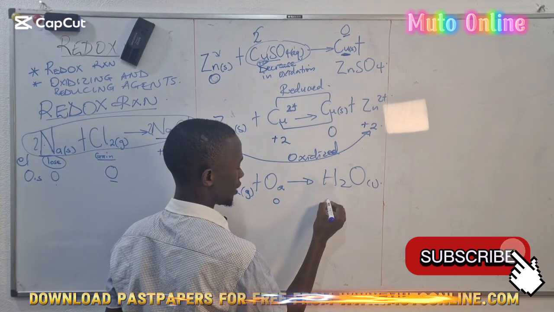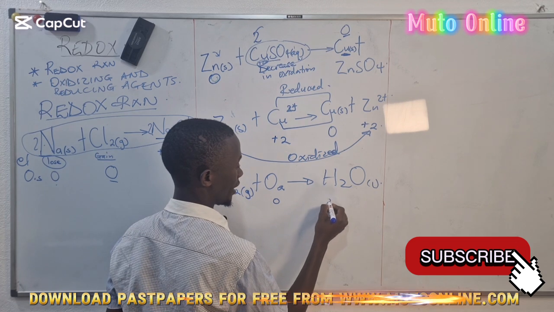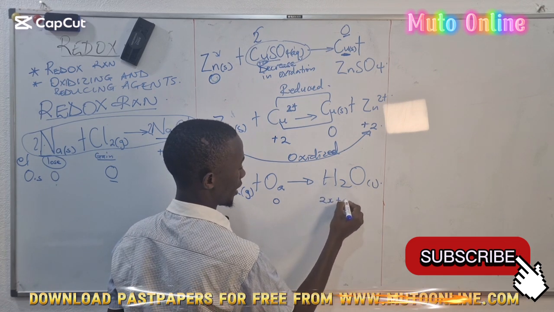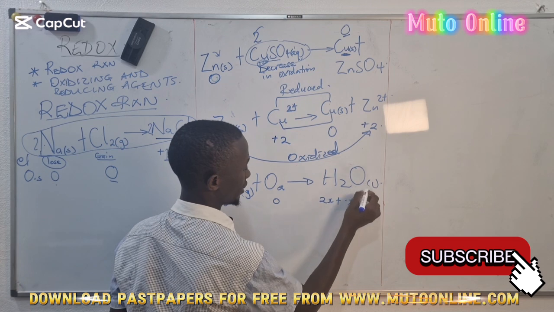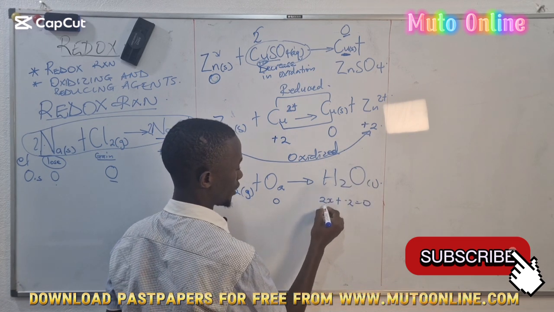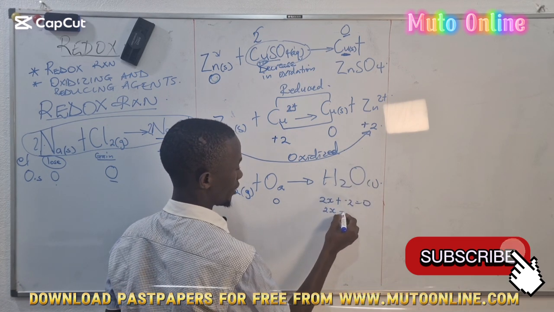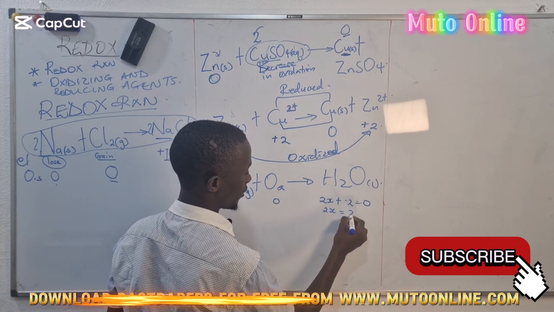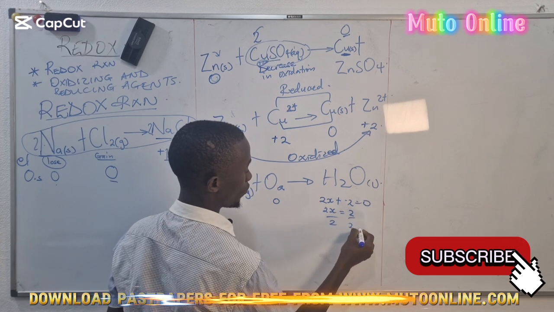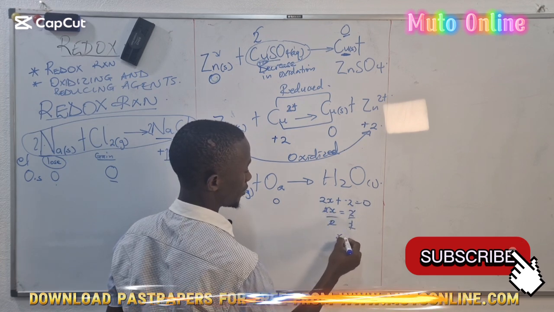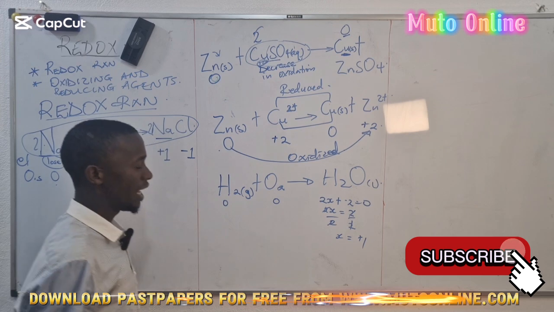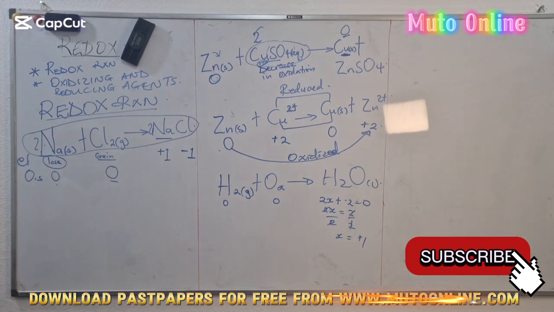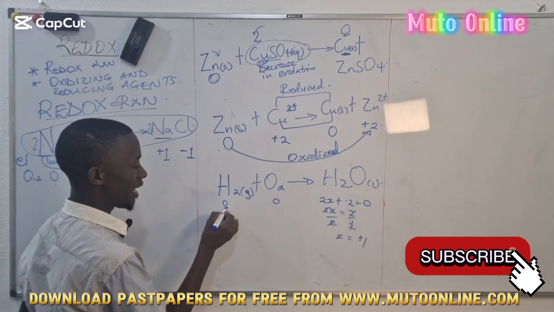Here the hydrogen has an oxidation state of, let us call it 2x plus negative 2, giving us 0. So the hydrogen has an oxidation state of positive 1, yet on this side it had a 0.